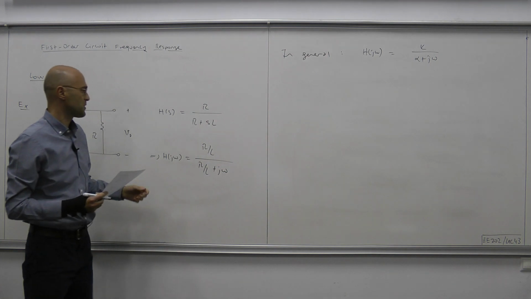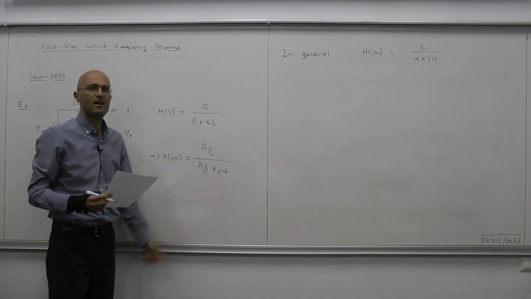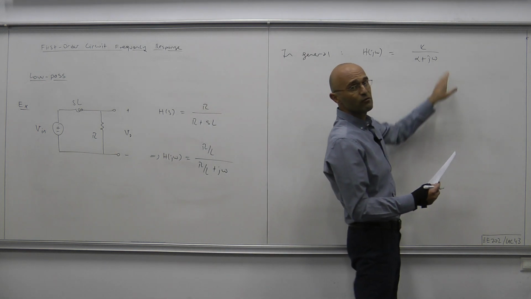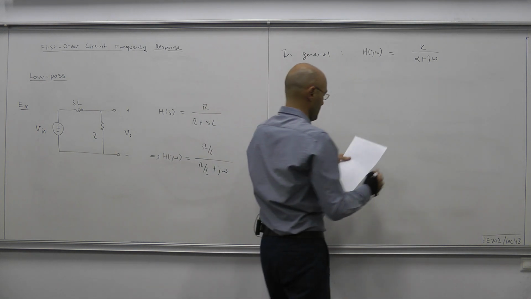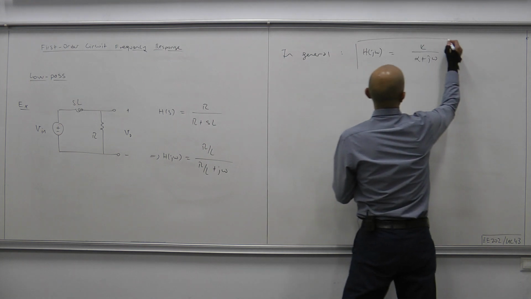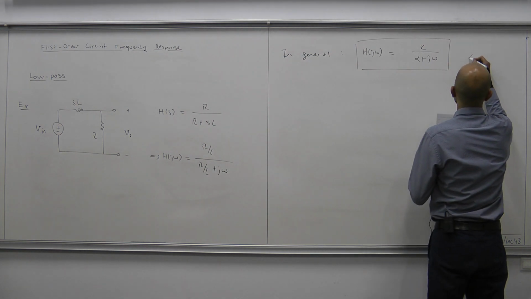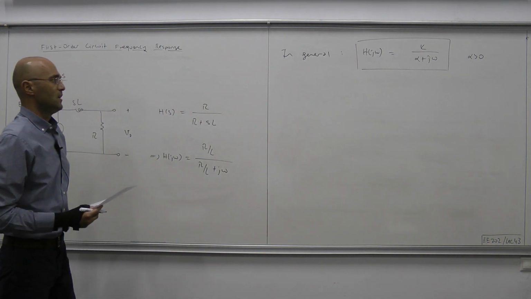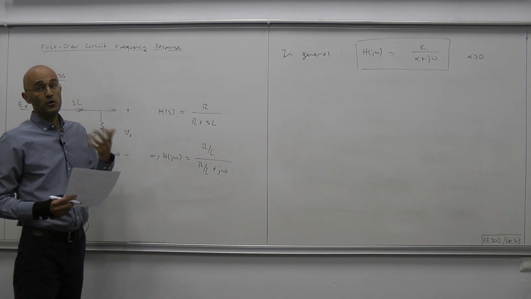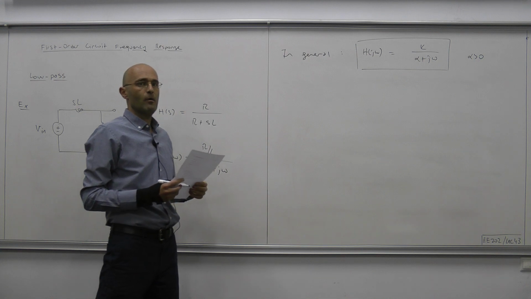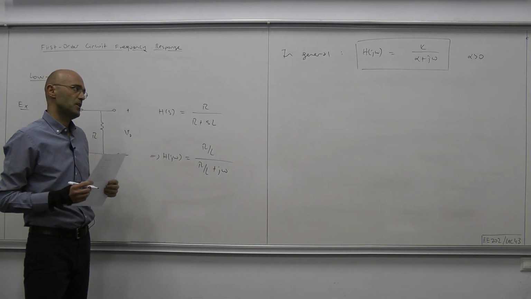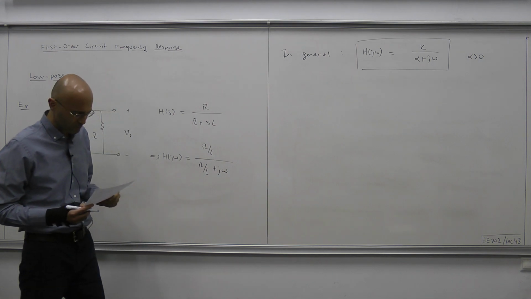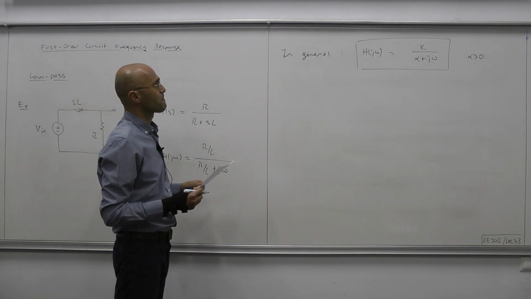In our case, alpha and K are the same, but in general it has this form, where alpha is positive, because we have to be working with a stable circuit in order to be able to talk about sinusoidal steady state. Otherwise, nothing makes sense.